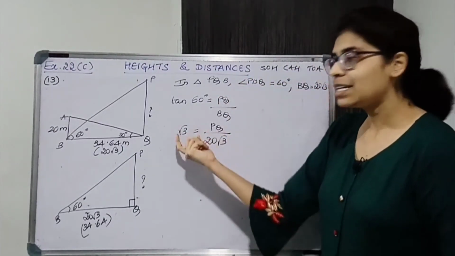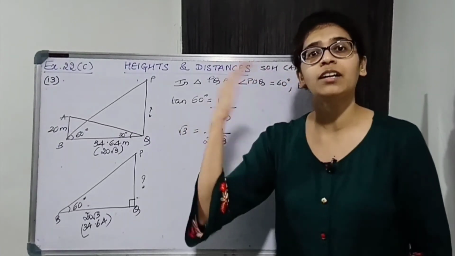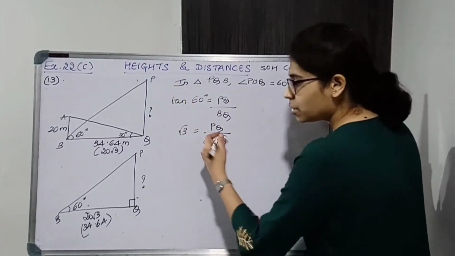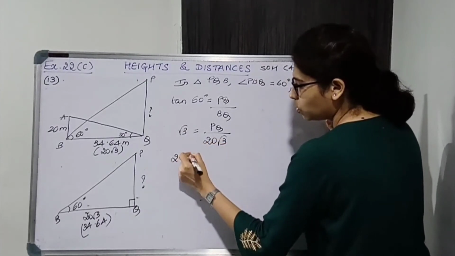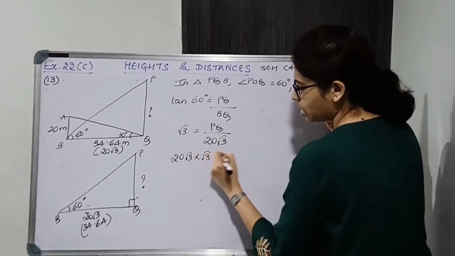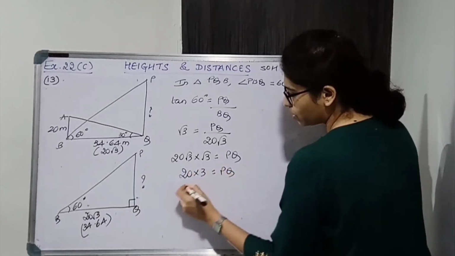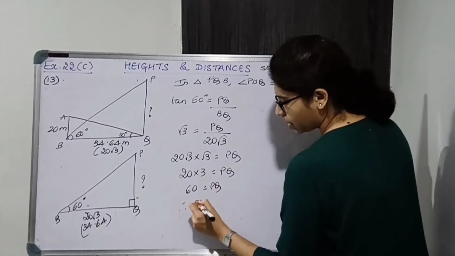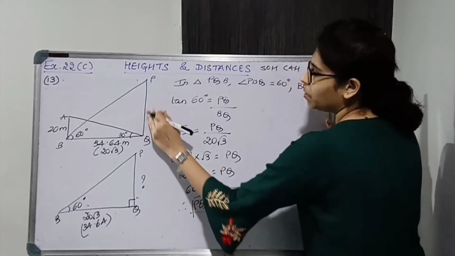So it's easier compared to 34.64 into the value of root 3, which would be more difficult. So this one is a little easier. 20 root 3 into root 3 is equal to PQ. So that gives 20 into 3 is equal to PQ. So that is nothing but 60 is equal to PQ. So PQ is equal to 60 meters. So we got this also.